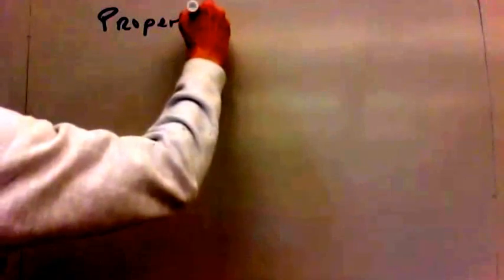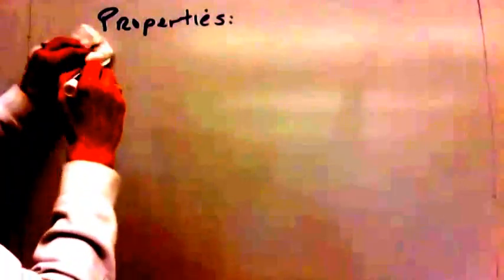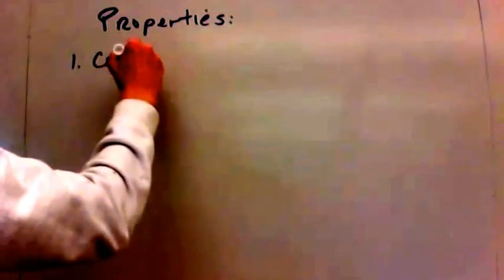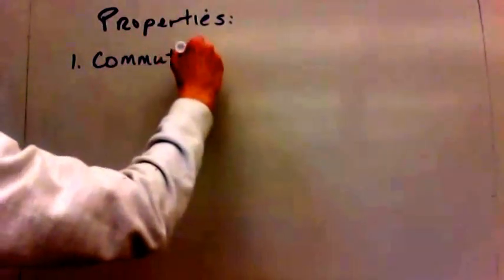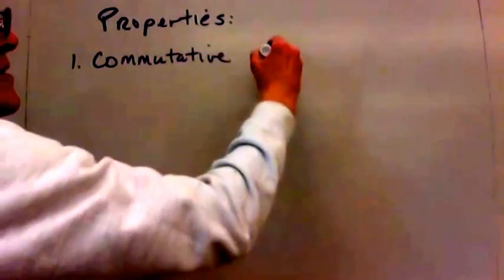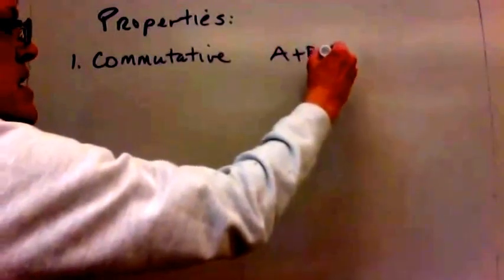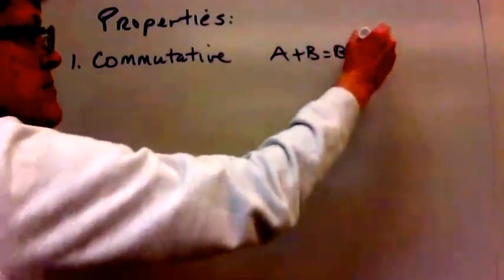Properties. Those are some of the operations. Properties are interesting. Properties are the ones that you know from real numbers. First one is commutative, which means does A plus B equal B plus A?